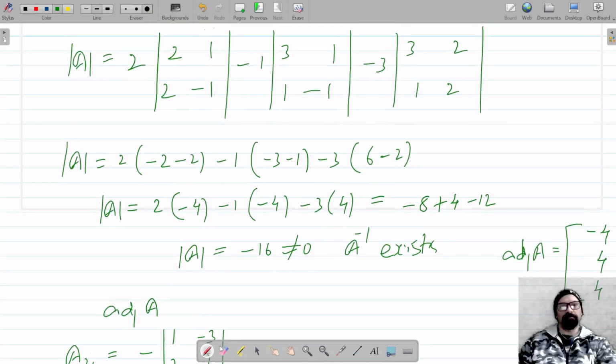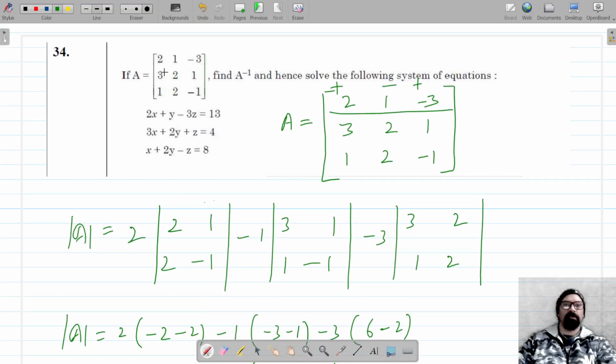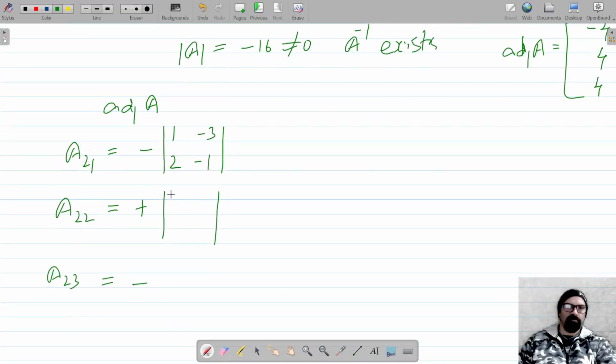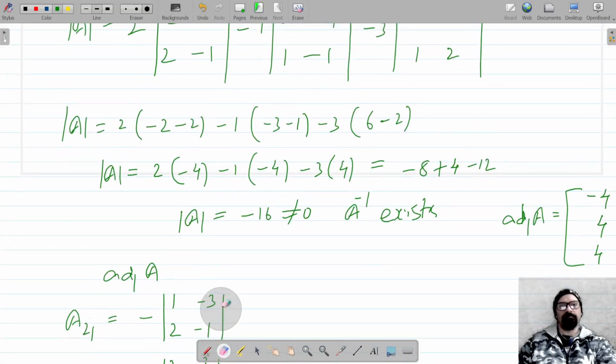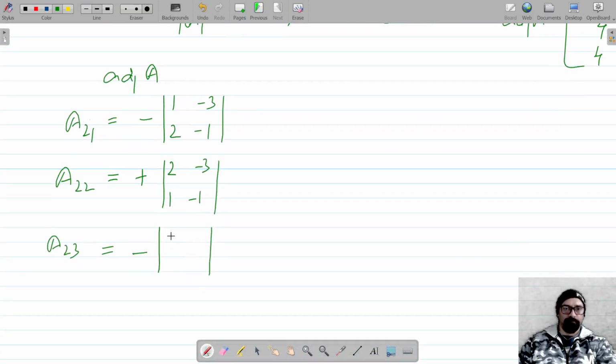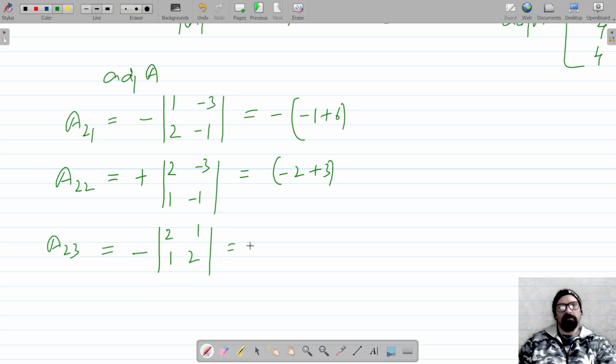Similarly, for A22, remove the row and the column, which gives 2, negative 3, 1, negative 1. Now for A23, if we remove the row and the column, we get 2, 1, 1, 2. We multiply and subtract the products.